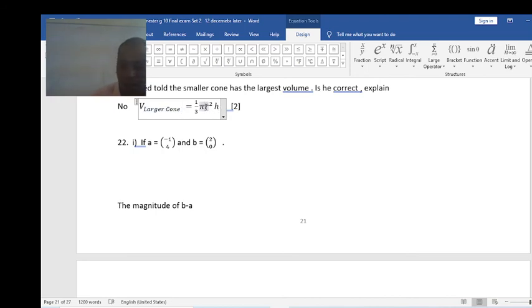It will be 6 squared, multiplied by h, which is 18. Okay, there is a multiplication sign. This is of course a multiplication sign. So this one is equal to 216 pi.